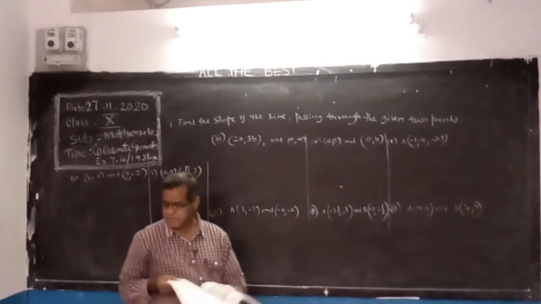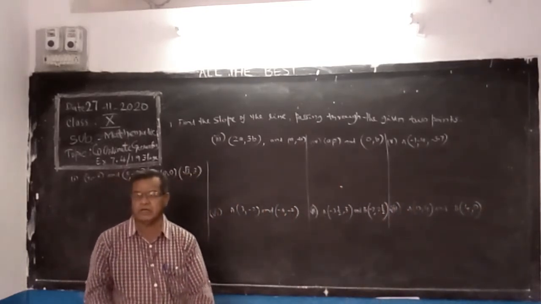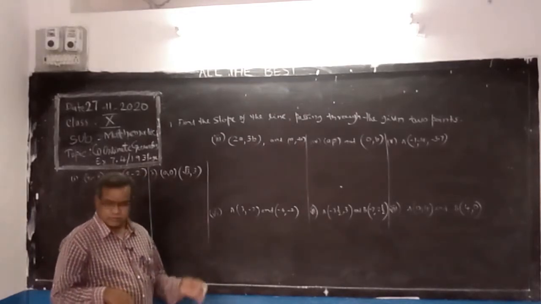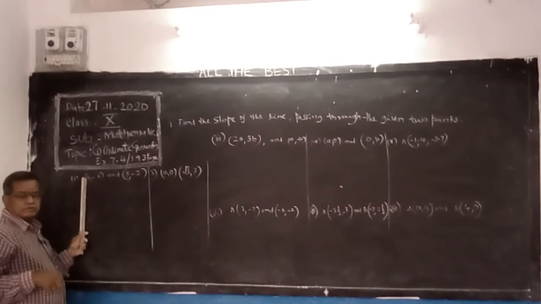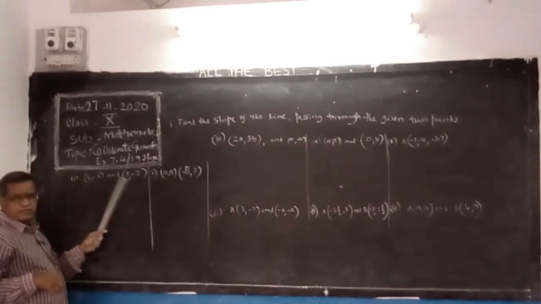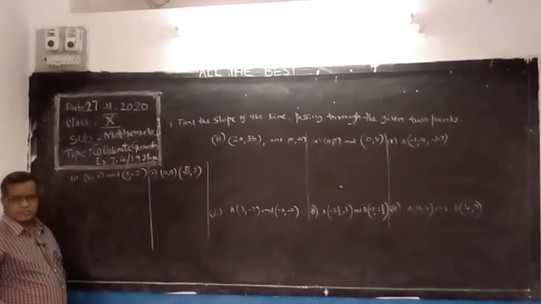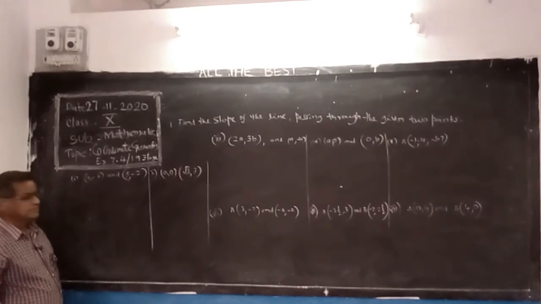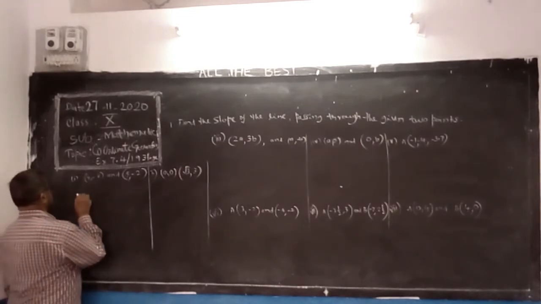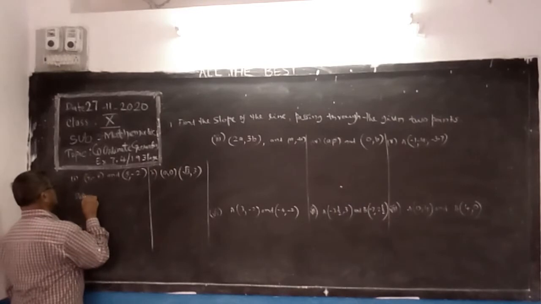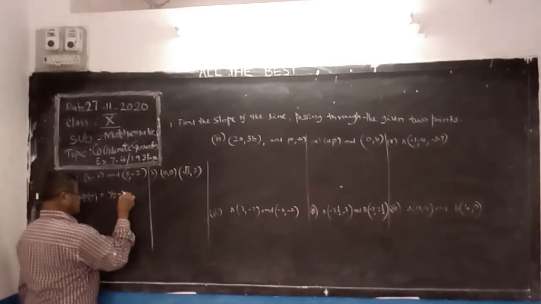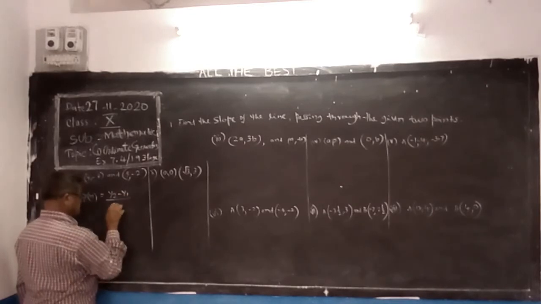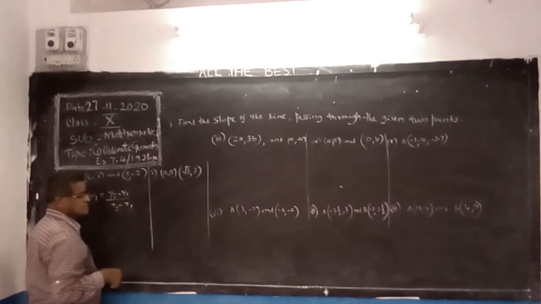So see, these questions, these are the points. When we join the 2 points we get a line. Let us find the slope of the line. Slope m is equal to y2 minus y1 by x2 minus x1.